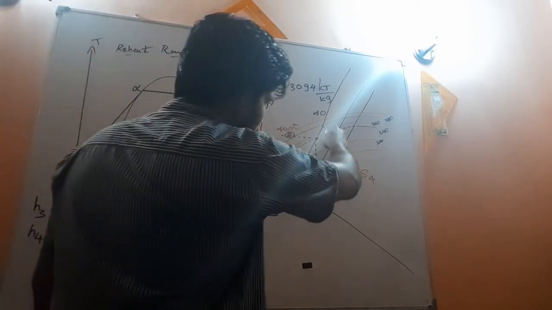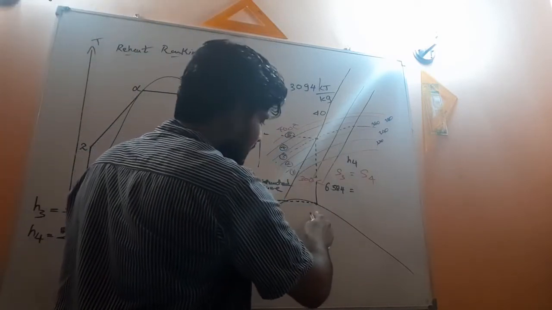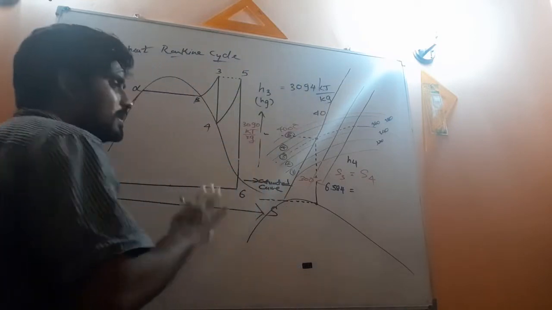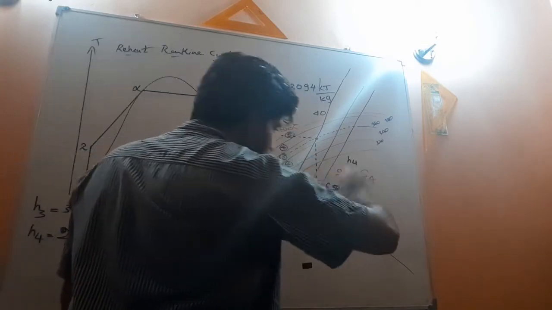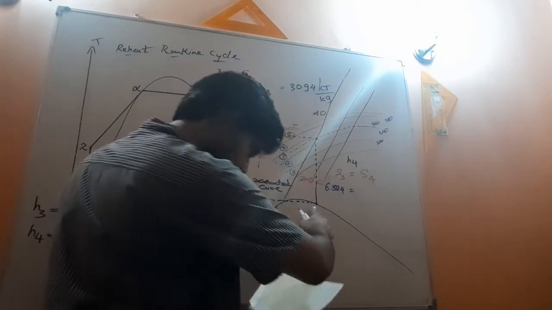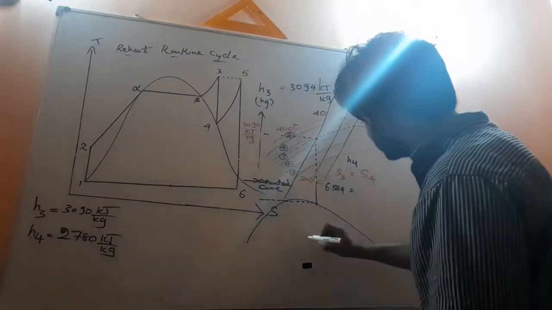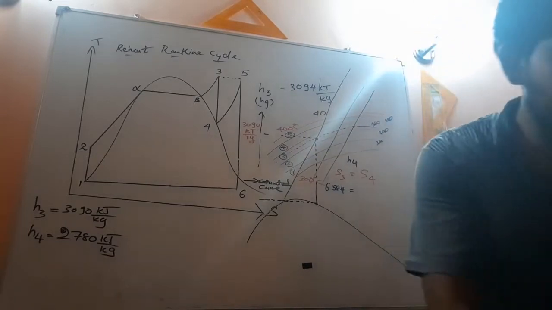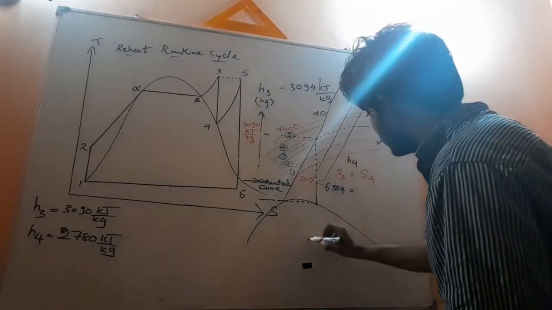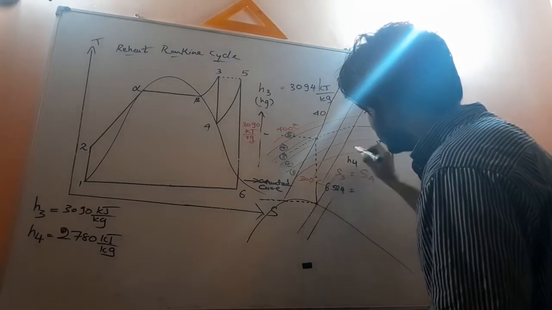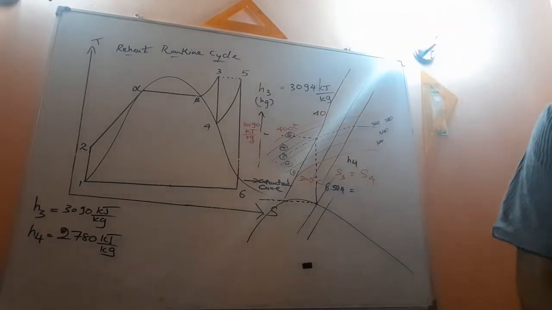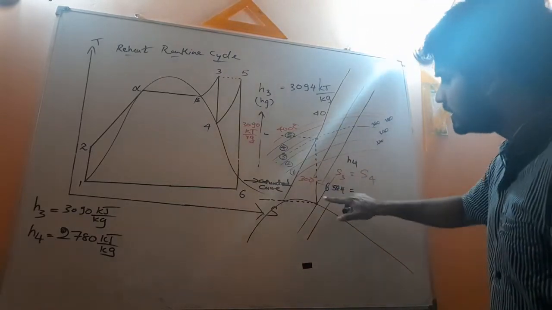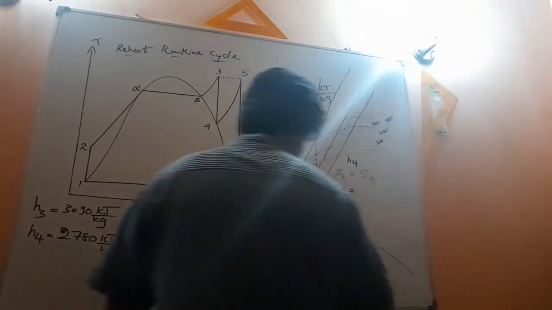There are several pressure lines passing across that intersection, and the nearest pressure line to that intersection is 10 bar.